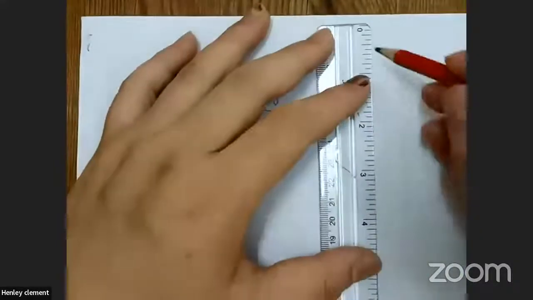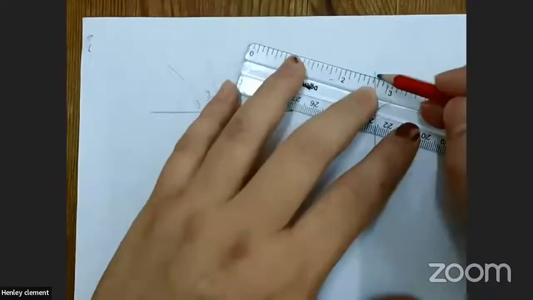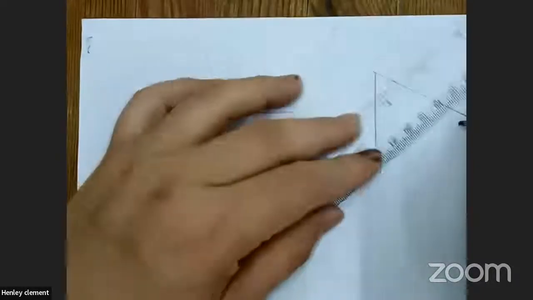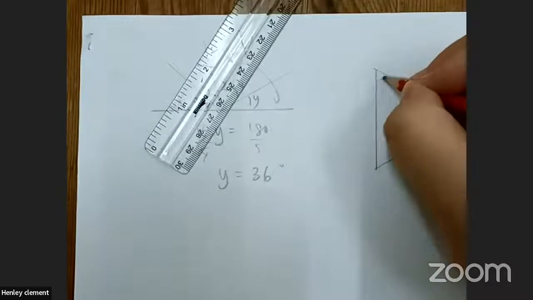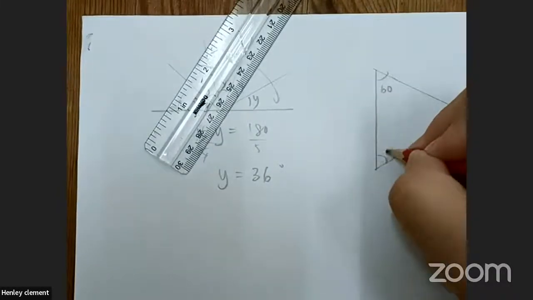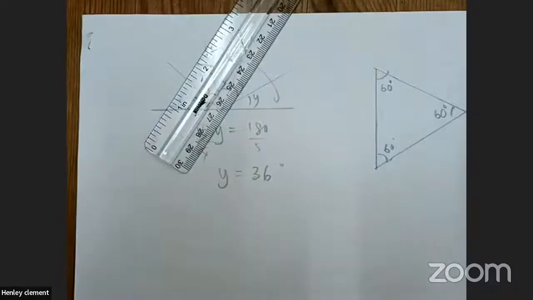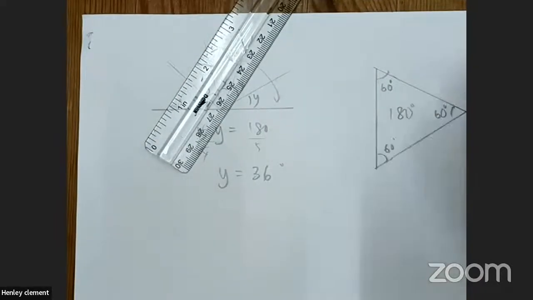So it is the same, so that you have the triangle. If the interior angle is 60, this one is 60, and then this one is 60. So add up together is 180.